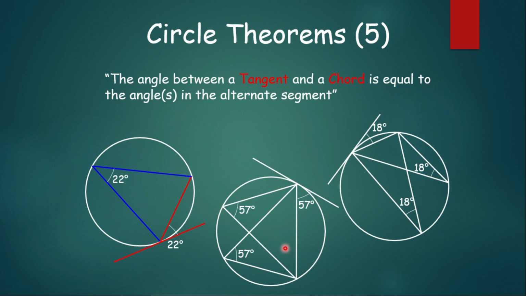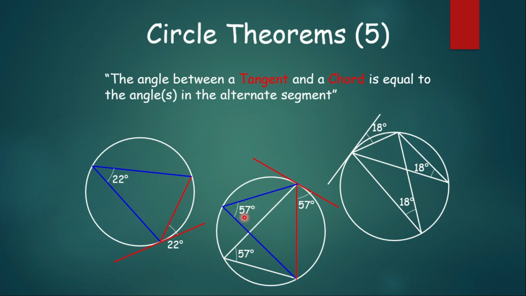Likewise, this one. This is the first chord drawn from the tangent, which means that the blue highlight is also 57 degrees, which is also equal to this, as it is also in the same alternate segment. So this side is also 57 degrees.